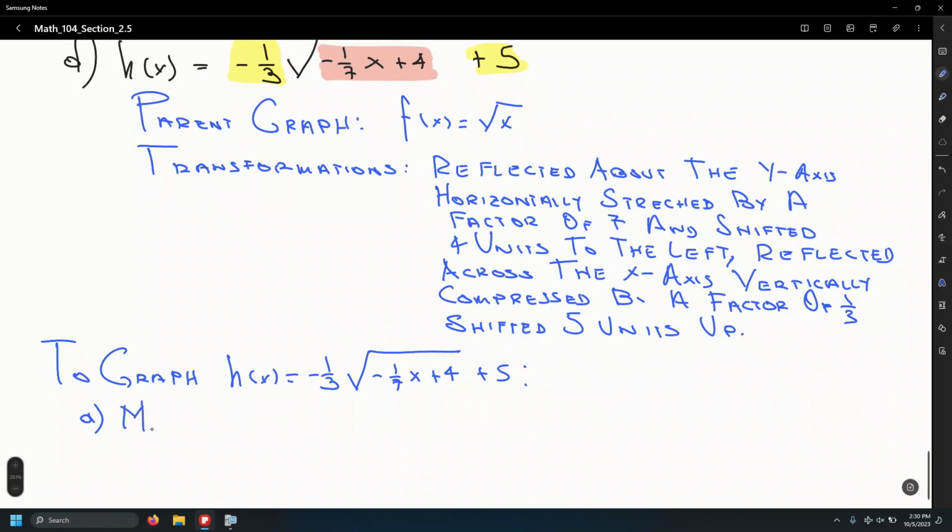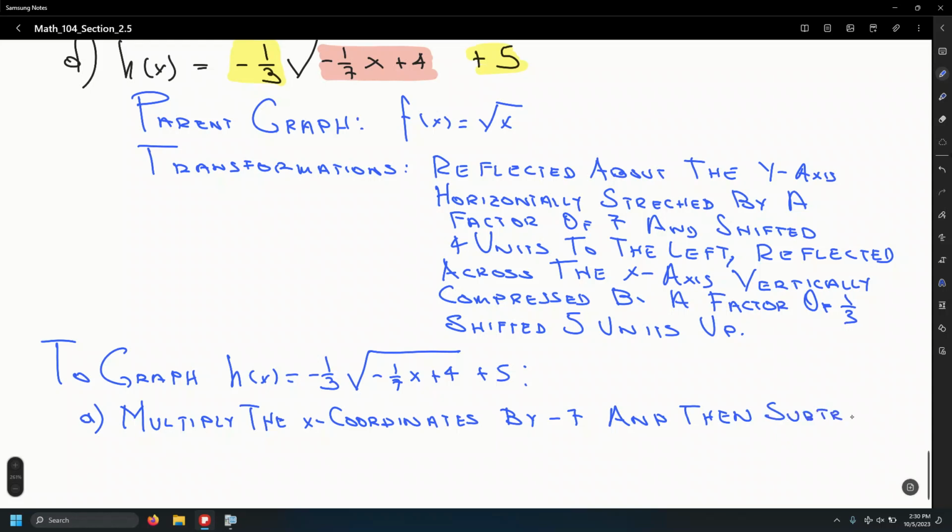So multiply the x coordinates by -7, and then subtract four from the resultant x coordinates.